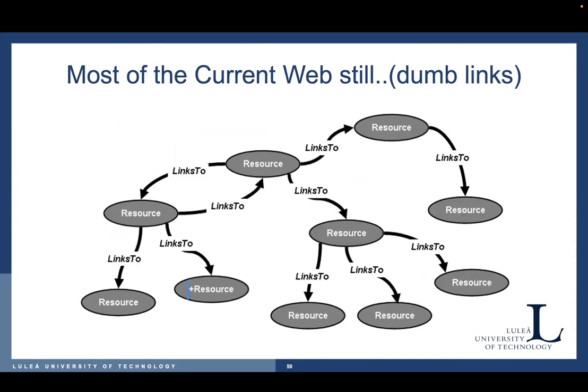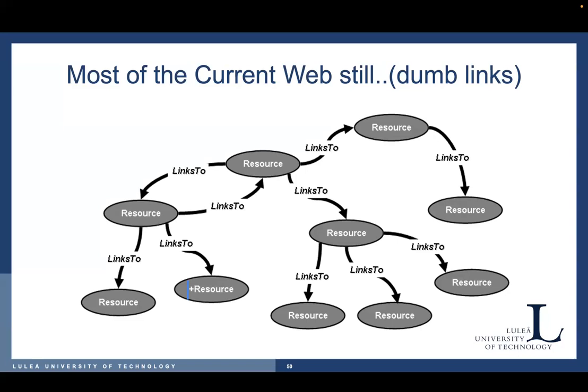Well, it's a very simplified view of the current state of the web. Obviously it's not only links, so there is much more to it nowadays. But still, the current web is about linking resources, not much more than that.